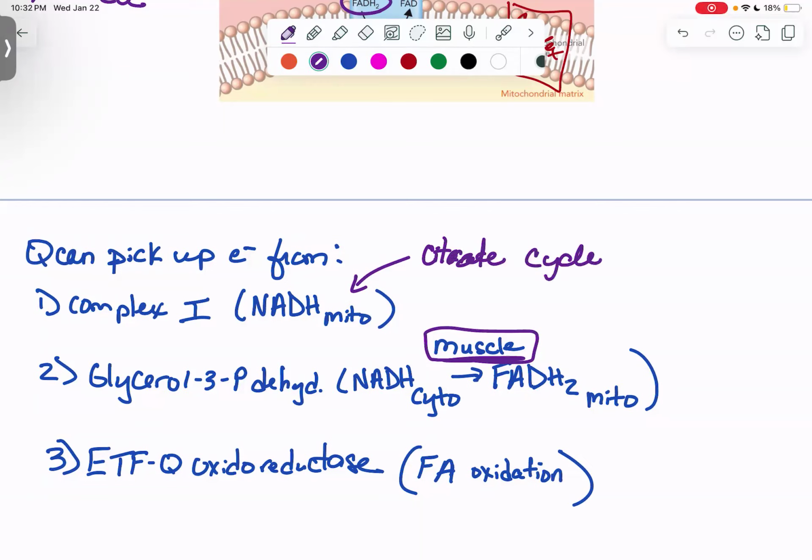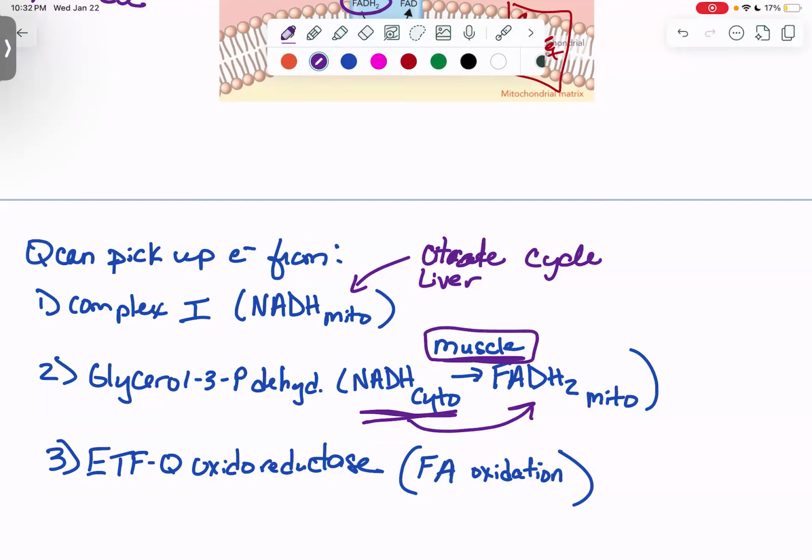It could also come from our transport system in the liver, right? So either one, it's dropping it off at complex 1. Whereas if we're in the muscle, we want to go quicker. So we're going to transfer that cytosolic NADH into FADH2 in the mitochondria. And that results in dropping off at Q.